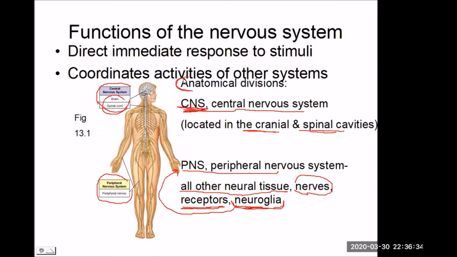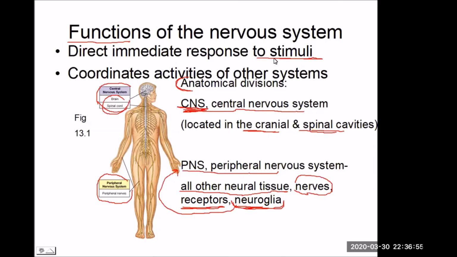But altogether, a very simple description of how the nervous system functions is, this is the control system for our body. So we're first able to detect stimulation in the environment. We could see light, we could feel pain and pressure, right? We could feel temperature.